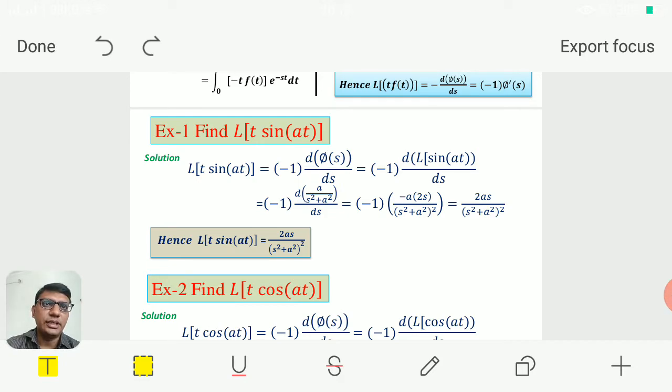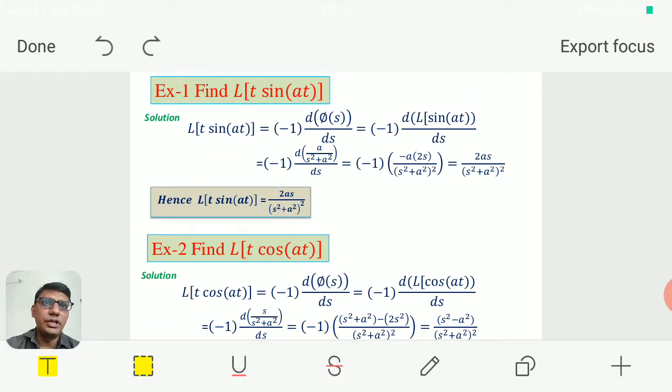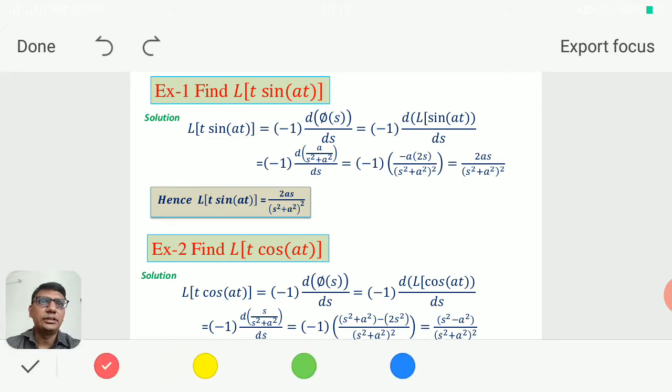So here f(t) equals sin at multiplied with 1 time t, then we apply the formula minus 1 times derivative of phi of s. Here phi of s is Laplace of sin at. So we know the Laplace of sin at is a upon s square plus a square.